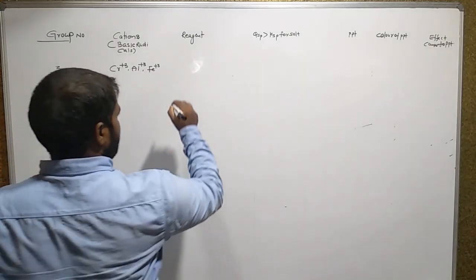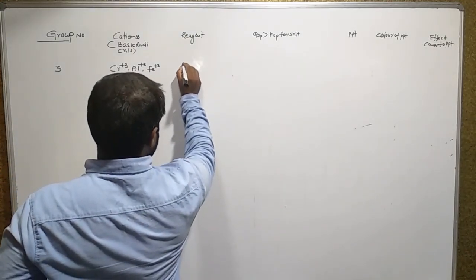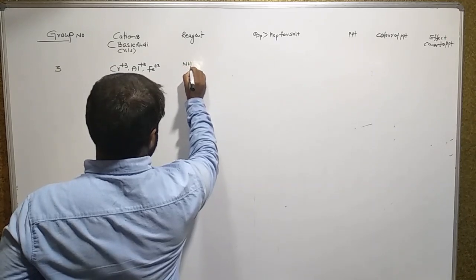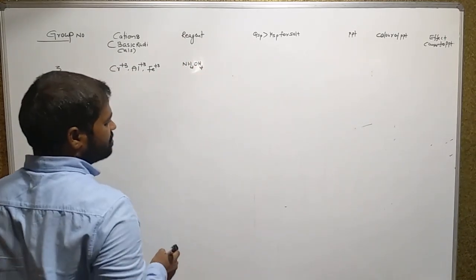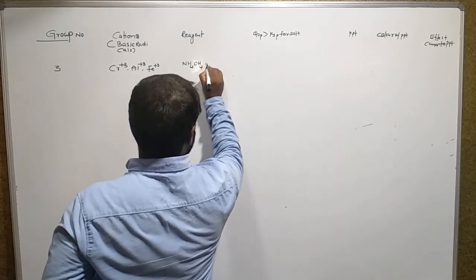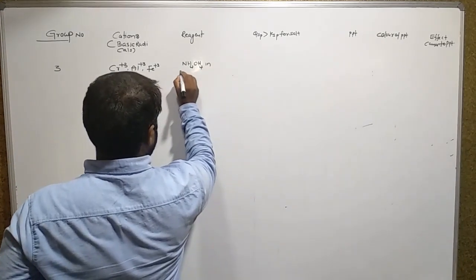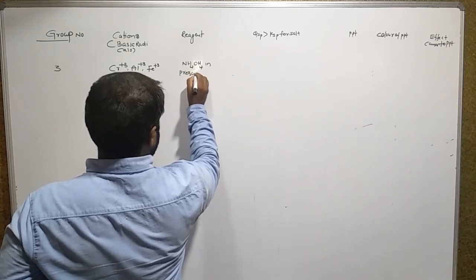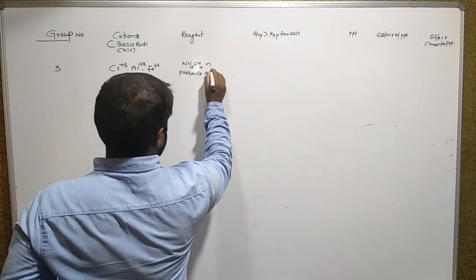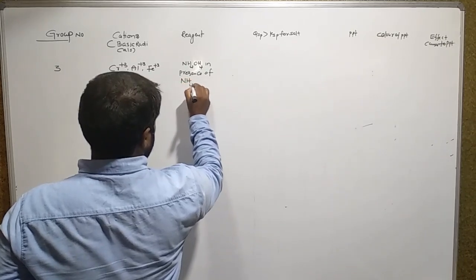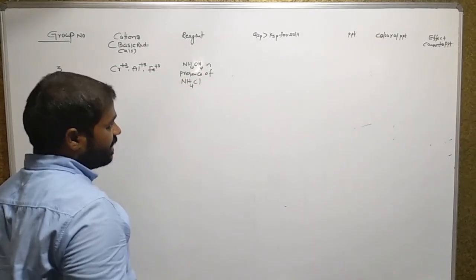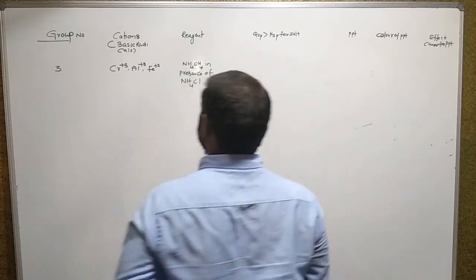Now the reagent is ammonium hydroxide in presence of ammonium chloride. Is it clear?